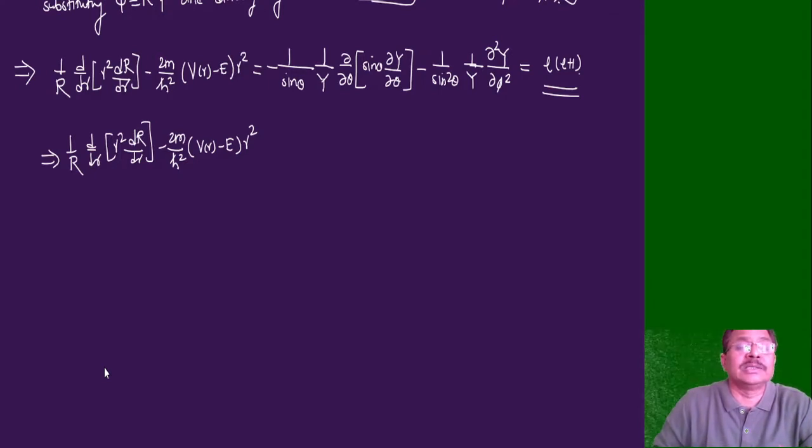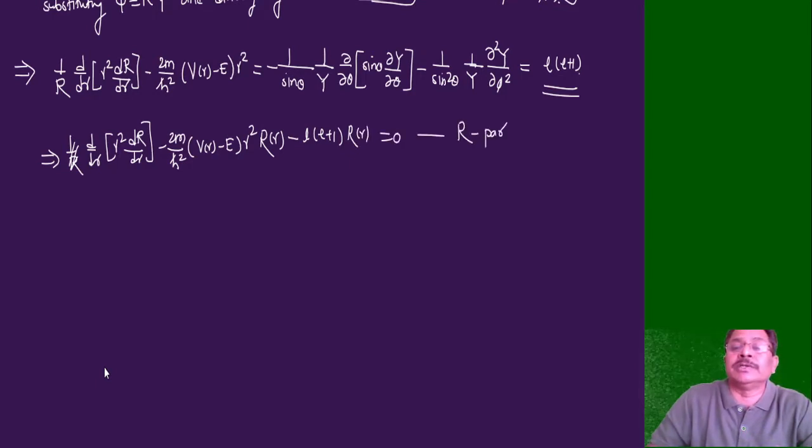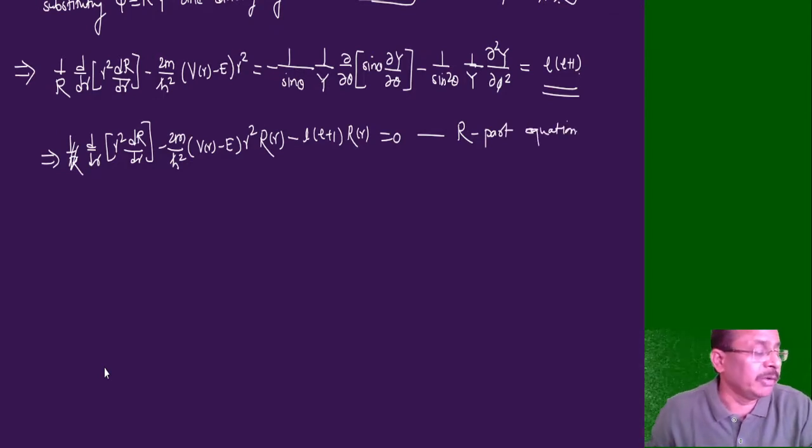This r can be taken everywhere, and this r can be cancelled. I can write this as R of small r, and this L into L plus 1 is positive, so it can be taken here: minus L into L plus 1 into R of small r is equal to 0. This is called the R part equation.